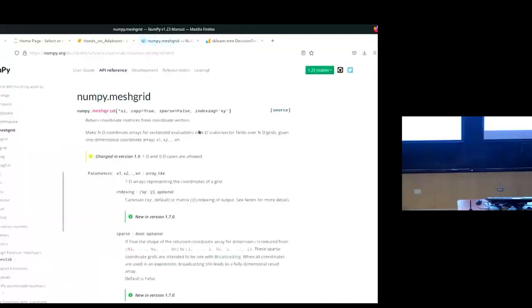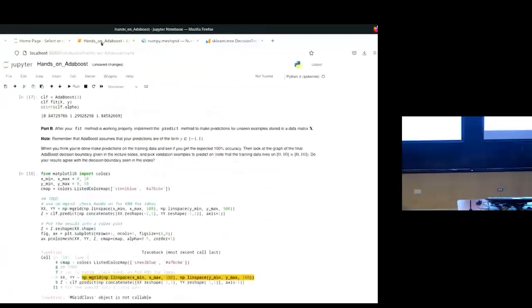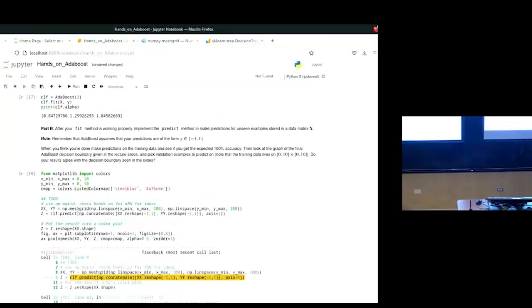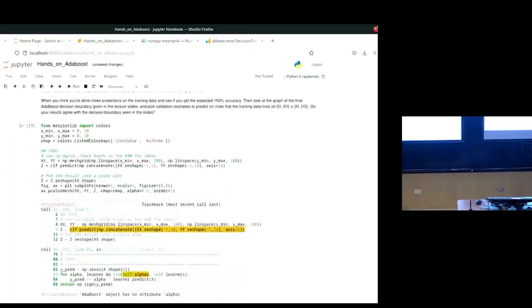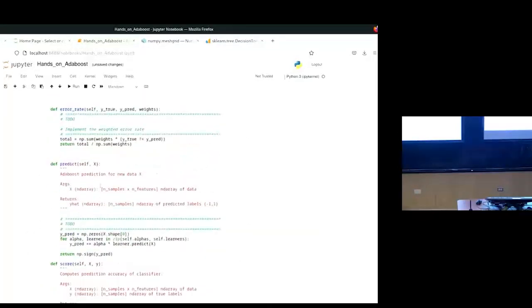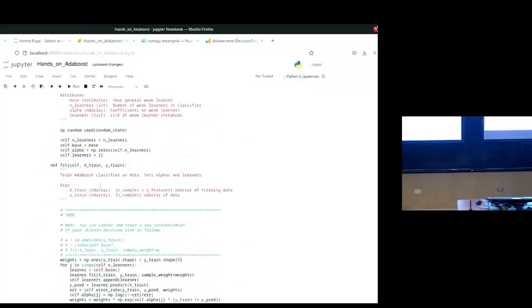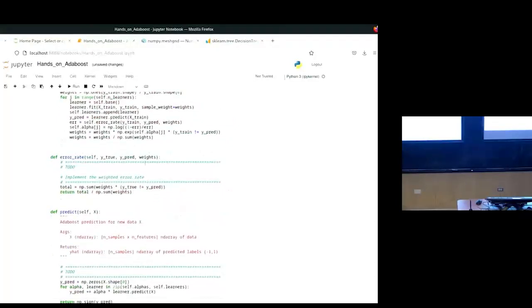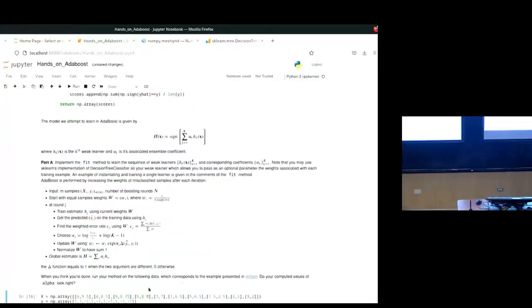Yeah, I guess I need the meshgrid in this case. All right, let me do it here. It has no attribute alpha. Okay, I made an error here. I have to use self.alpha, not alphas, in the predict method. There you go.